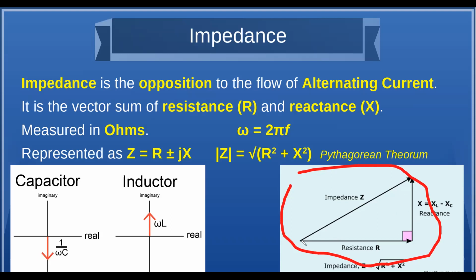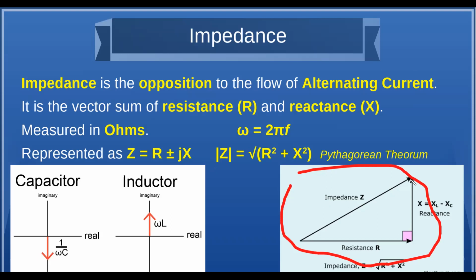So the impedance vector is going to be the magnitude of the hypotenuse of that triangle. And we use old Pythagorean's theorem. And we represent impedance with Z. So Z is equal to R plus or minus JX. And I'll talk about J in a minute.